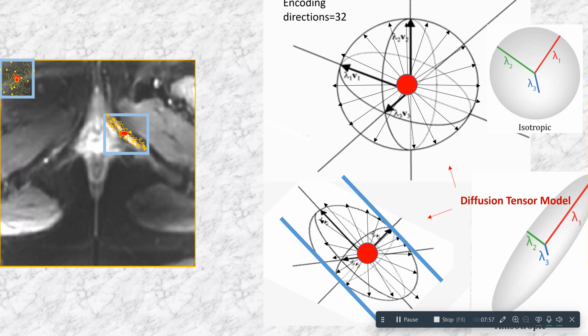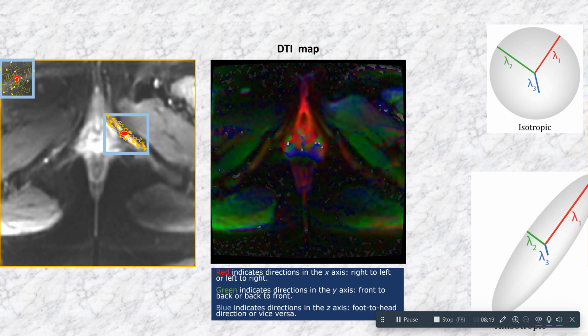If it's free, unrestricted motion, it will be isotropic, so we can model it with a sphere where the lambdas are equal. But if its diffusion is more in one direction, we can use an ellipsoid to model this kind of random motion.